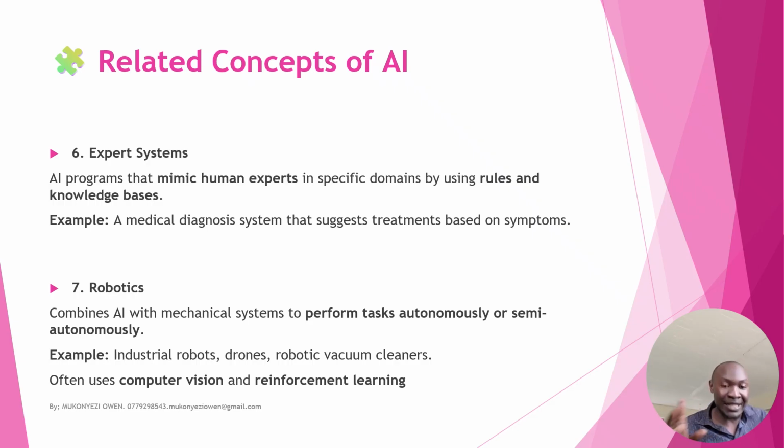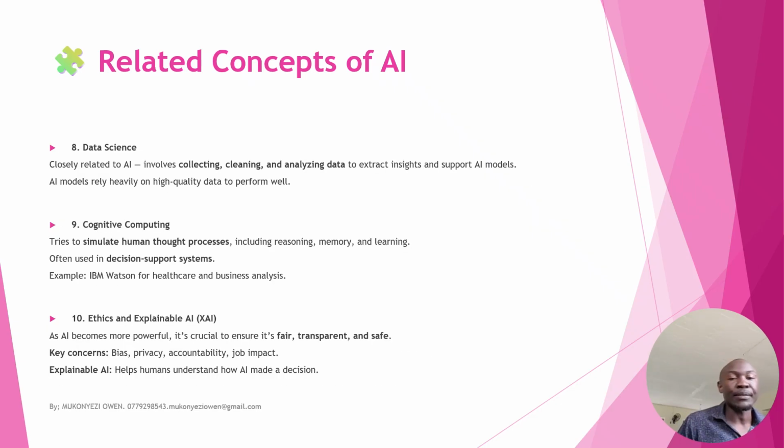No, it suggests what they should use to treat you based on the symptoms. We have robotics, which combines AI with mechanical systems to perform tasks autonomously or semi-autonomously. We have industrial robots under examples. We have drones. We have robotic vacuum cleaners and others.